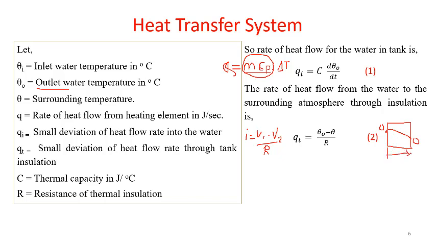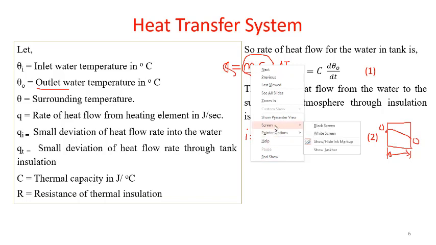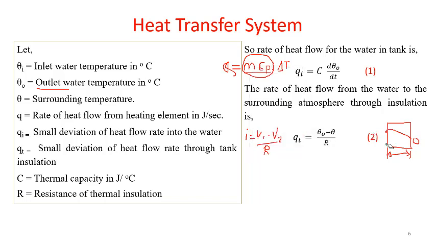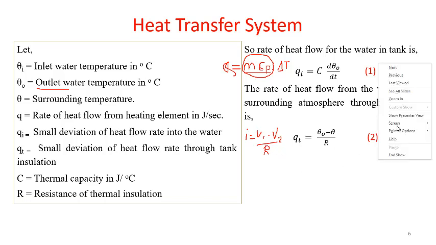So if we have more thickness or length, then the resistance will be high, similar to the resistance of the wire. So this is how we can bring the analogy of the electrical system to the thermal system.